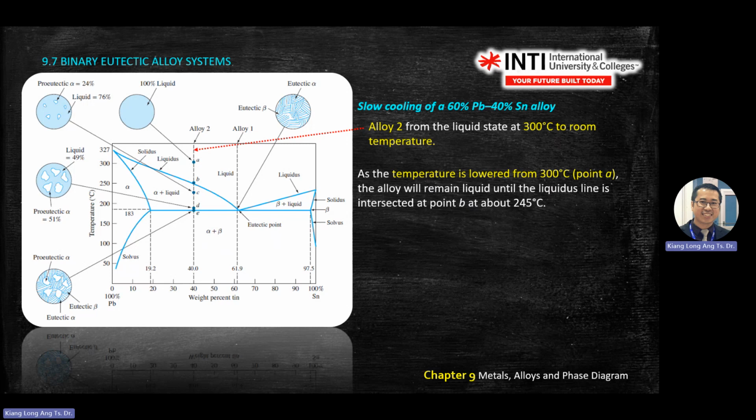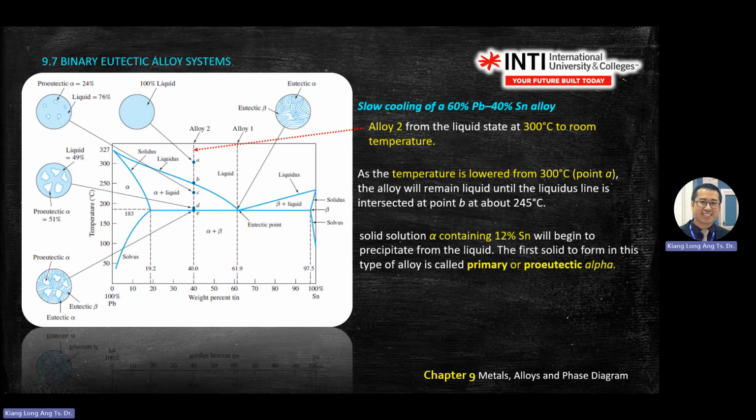It will remain a liquid until it reaches this line, the liquidus line, at around 245. Solid solution containing 12% Sn will begin to precipitate.